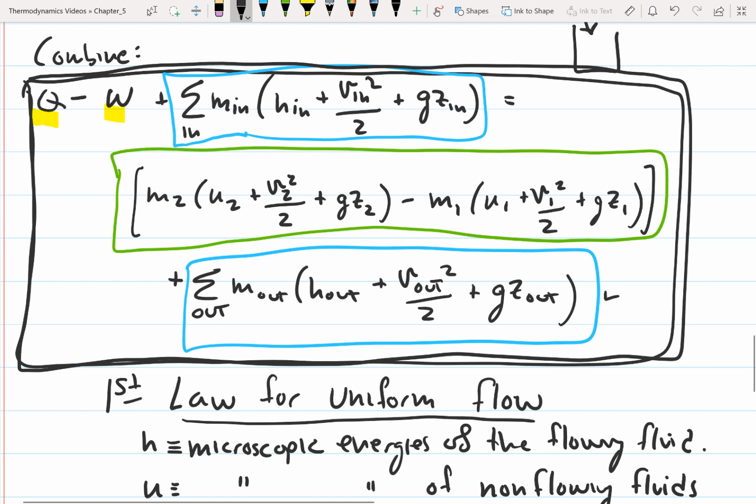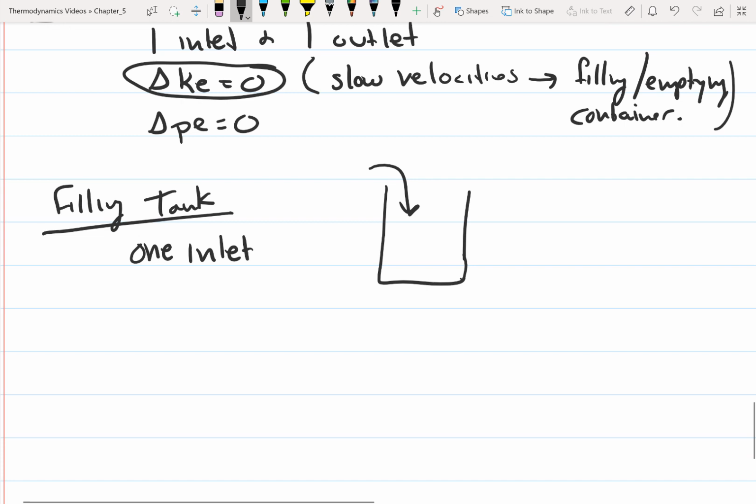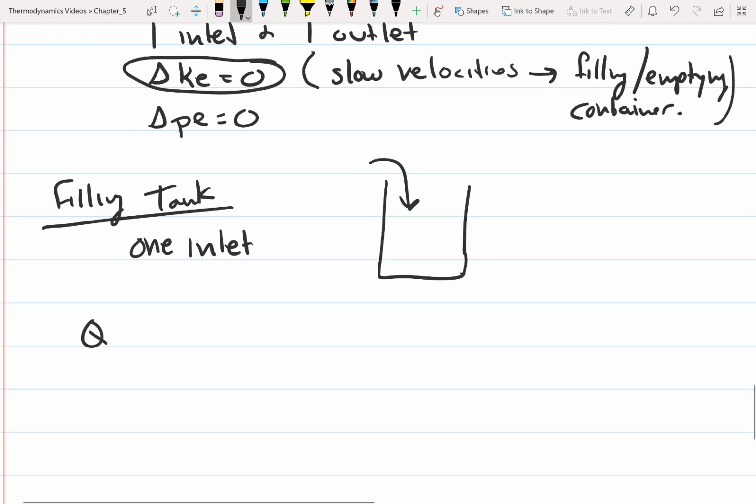We're also going to lose all of the kinetic and potential energy terms in these equations for the non-flowing fluid. And we have the inlet, but the inlet loses all of the potential and kinetic energy terms. So basically what we're left with is Q minus W is equal to negative mass in.